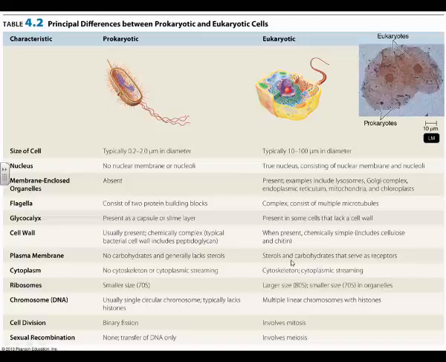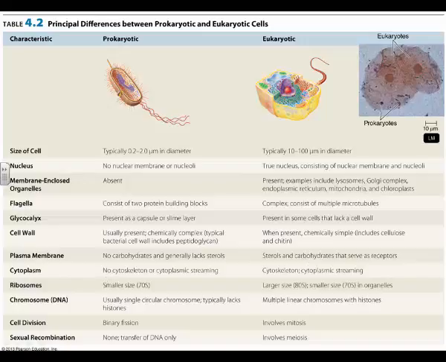And our cells, as well as eukaryotic microorganisms, all have carbohydrates that serve as receptors on their cell or plasma membrane.